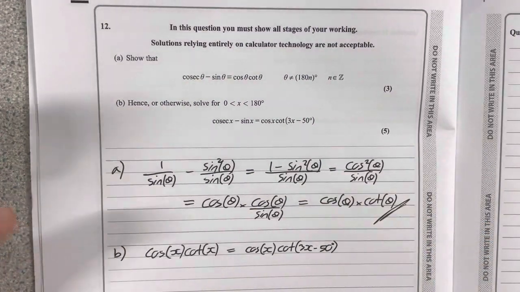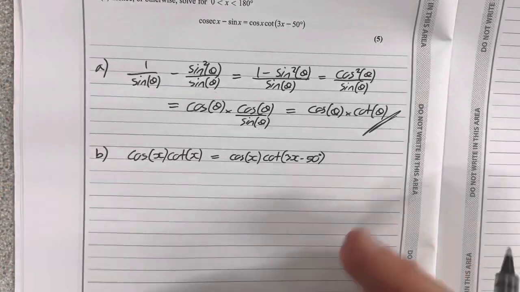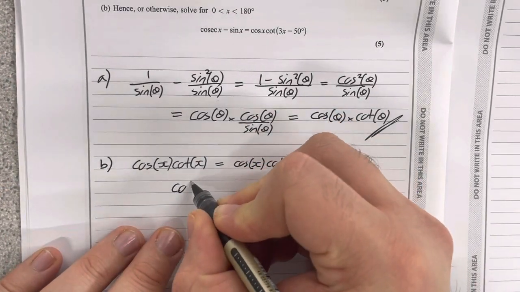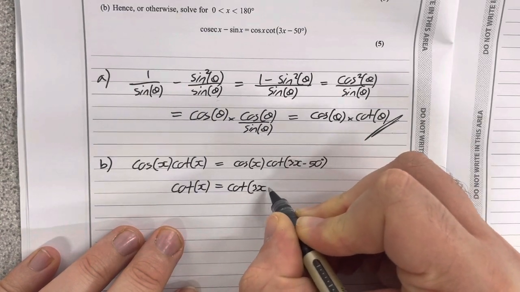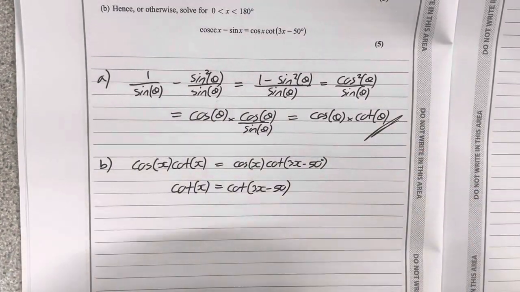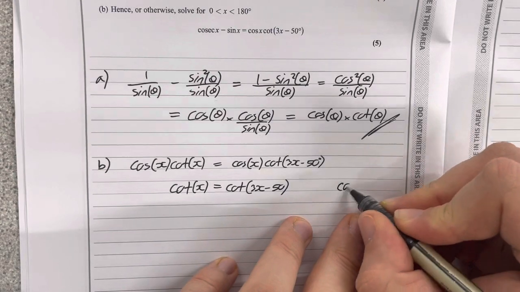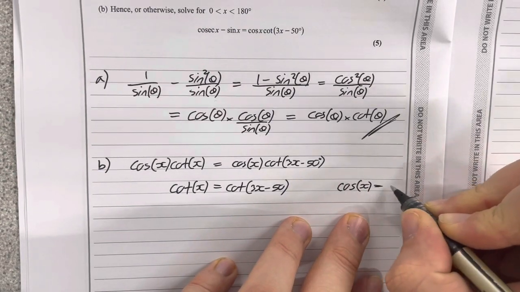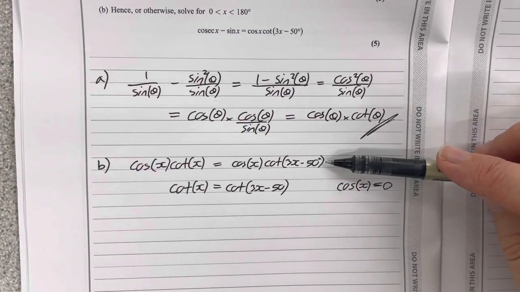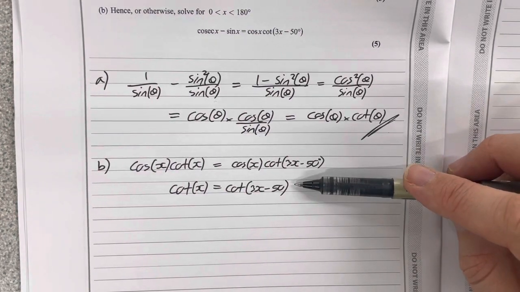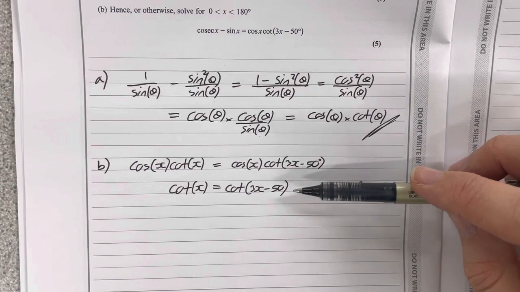Okay, it's in degrees. We can divide by cos of x. But when you divide by a variable, you must consider when that variable is 0, because cos of x equals 0 is a solution to this equation, which wouldn't appear from here. So just be careful.